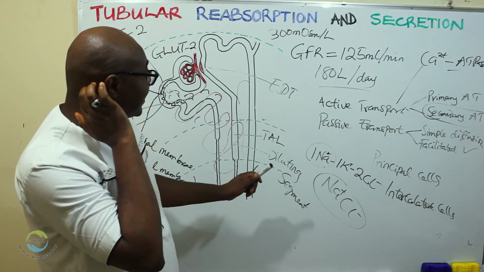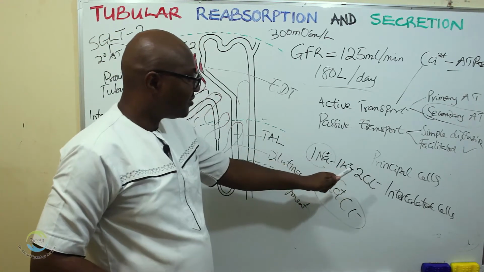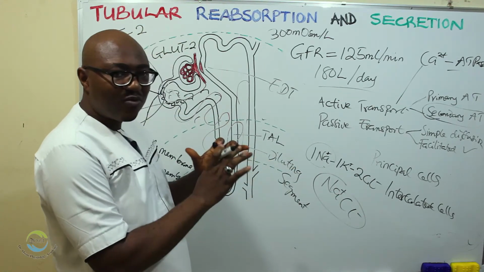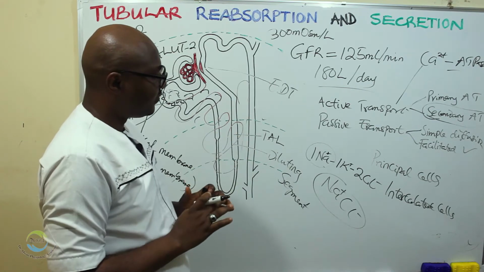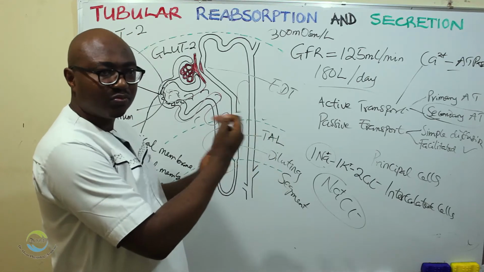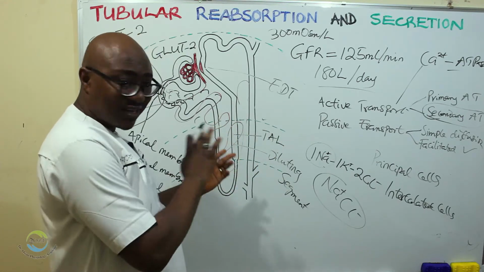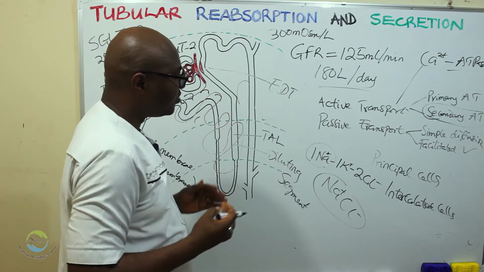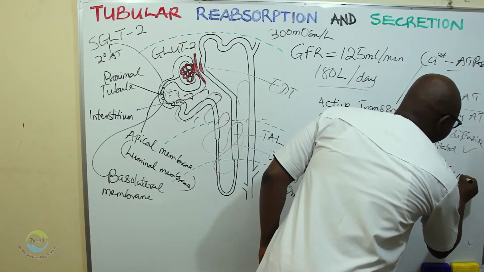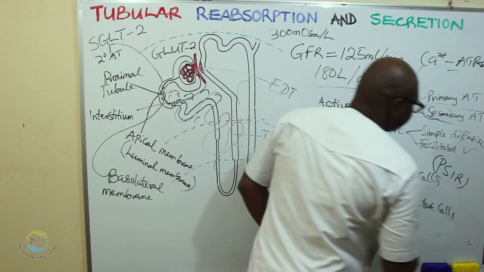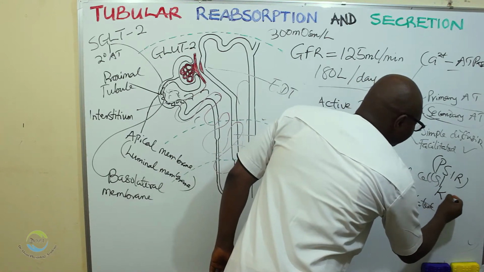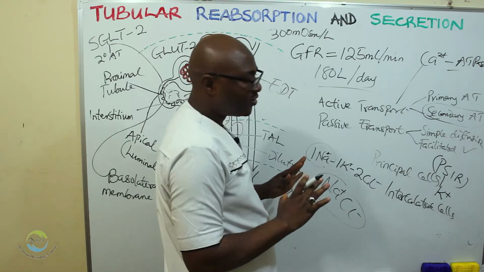So what happens is that these principal cells and intercalated cells perform opposite functions in terms of potassium transport, okay? And what do we mean by that? Just use this code, PSIR. It means that the principal cells secrete potassium.